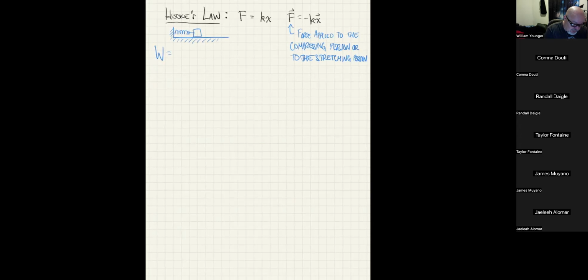What I'm going to do is imagine an x-axis and a y-axis like that. And I'm talking about the work done by me. So I'll write this, work by me, is equal to, now what I want to do is apply a force just big enough to stretch the spring, not enough to give it an actual velocity.